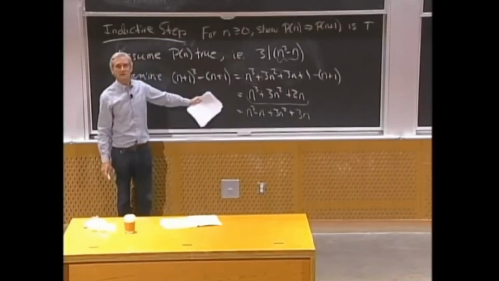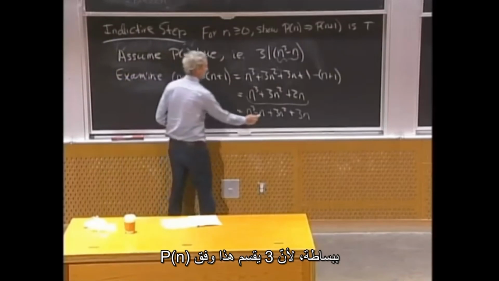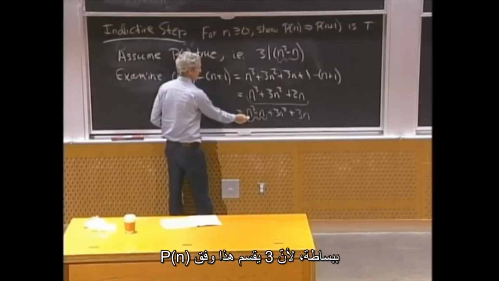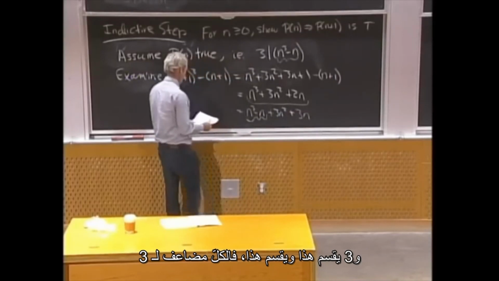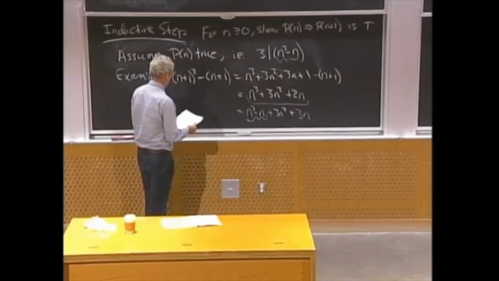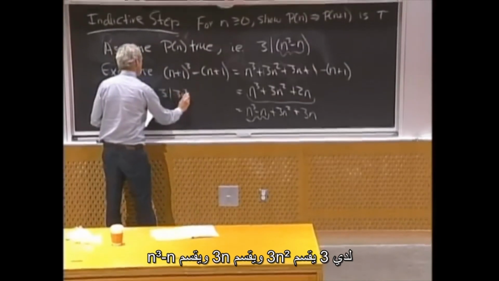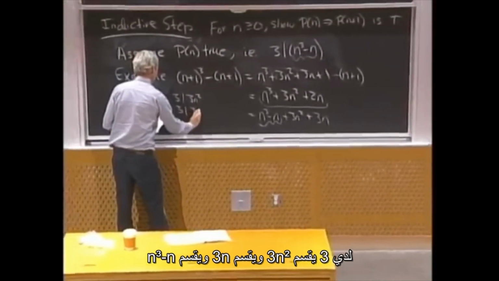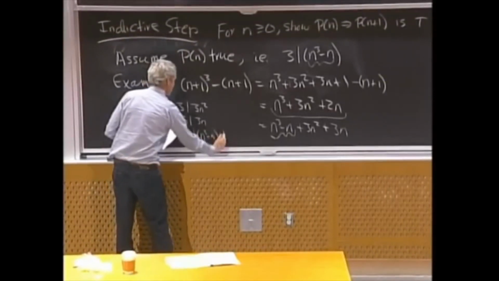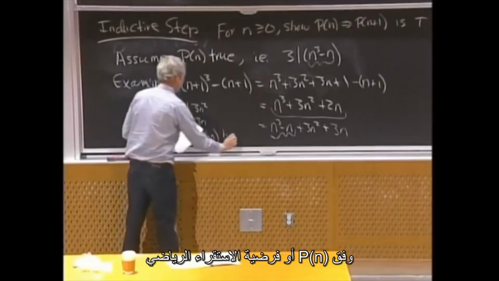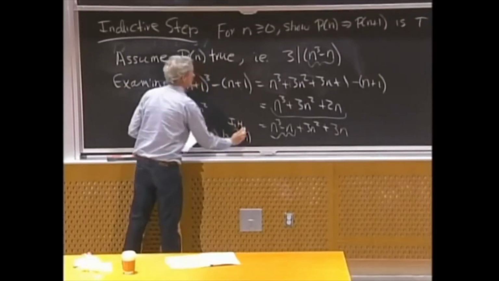So I've rewritten it. Now is it clear? Now it's clear. Very simple, because 3 divides this by Pn, 3 divides that, and 3 divides that. So this is a multiple of 3. I've got 3 divides 3n squared, 3 divides 3n, and 3 divides n cubed minus n by Pn, or you could say by the inductive hypothesis.